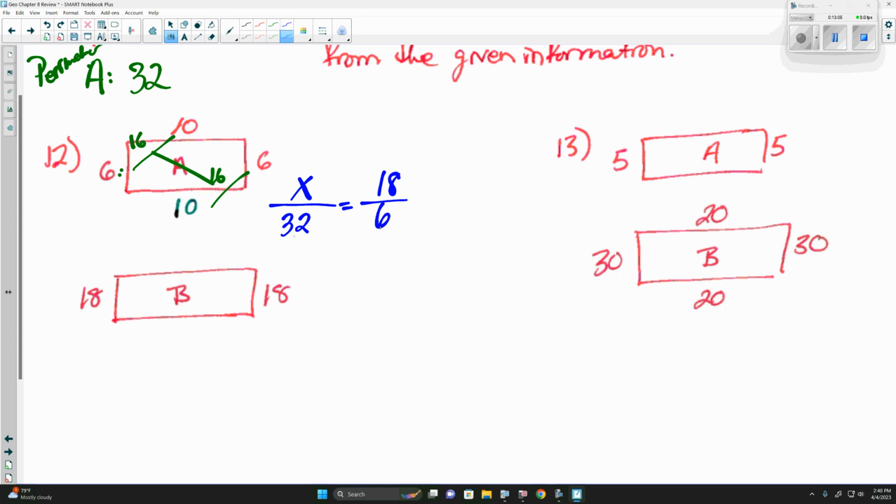New over old is equal to new over old. So the perimeter of B is our X for now over the perimeter of A is equal to side length of B over side length of A. Now at this point here, we can multiply both sides by 32. These will cancel.